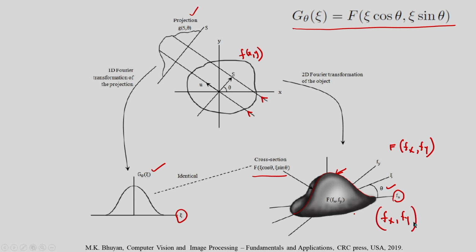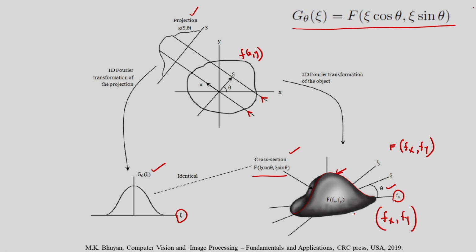So I am getting one slice. Slice means the cross section of the 2D Fourier transform of the object sliced by a plane at an angle of theta with respect to the fx axis and perpendicular to the plane (fx, fy). That is the plane I am considering. This cross section and the 1D Fourier transform of the Radon transform are identical.